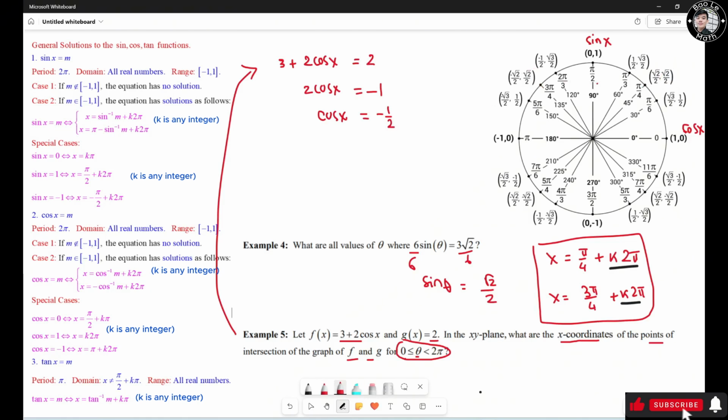Now I look at the unit circle and I need to find the s value where cosine equals negative 1/2. So it should be right here, and right here.